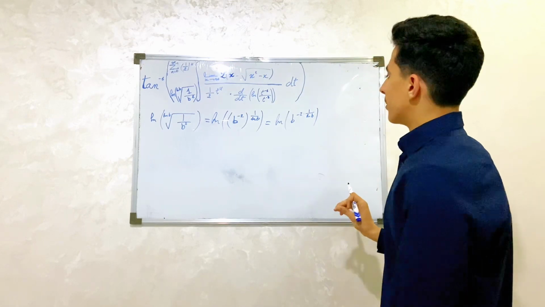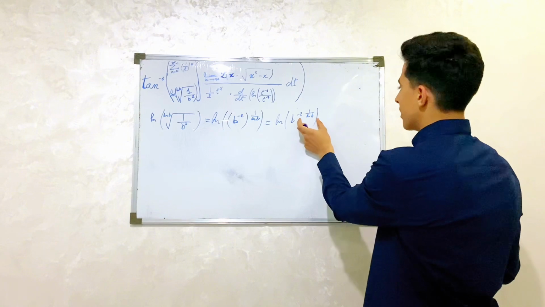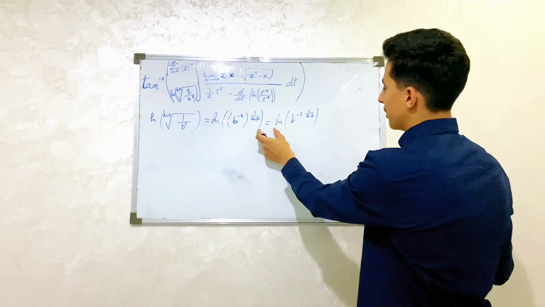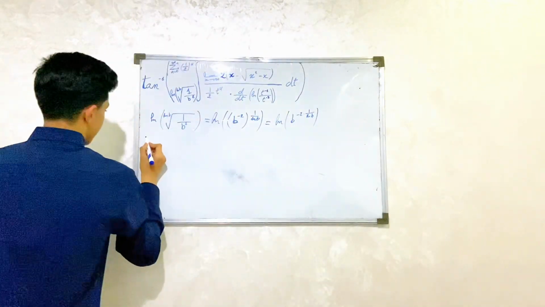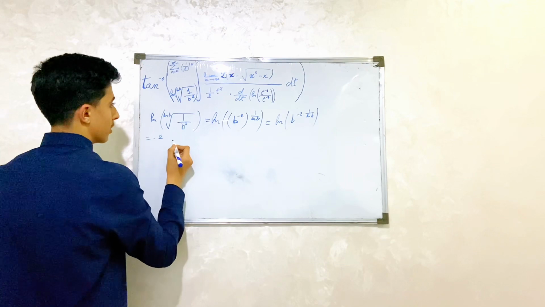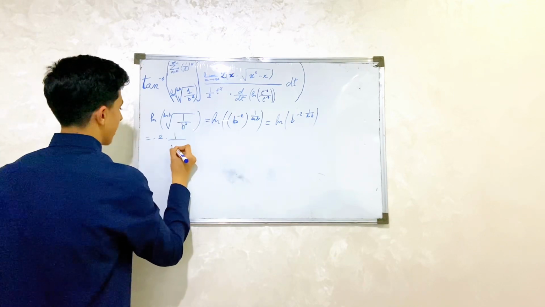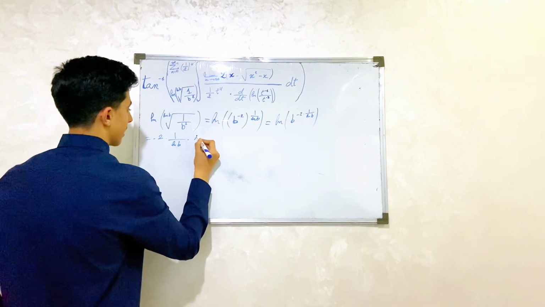Now, by natural log properties, or by all logarithm properties, we can just take this down here, which will give us that this is equal to negative 2 times 1 over ln b times ln b.